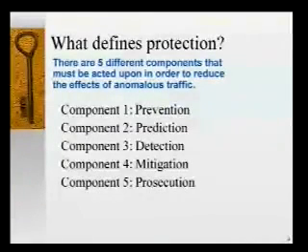And then mitigation, kind of the end all, because the first 3 things do you absolutely no good if it does get through, if you can predict it, if you can detect it, if you can't mitigate it, all your efforts have been worthless, right? And then finally, which a lot of people leave out, is prosecution. This stuff's never going to come to an end unless you can catch the people that are doing this.